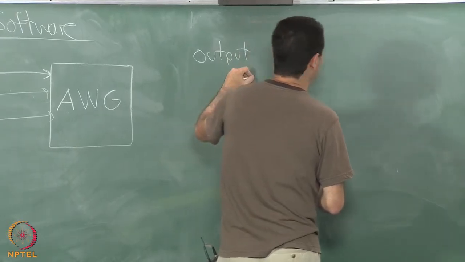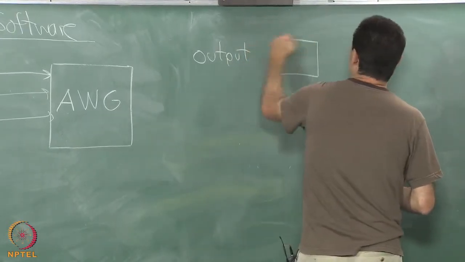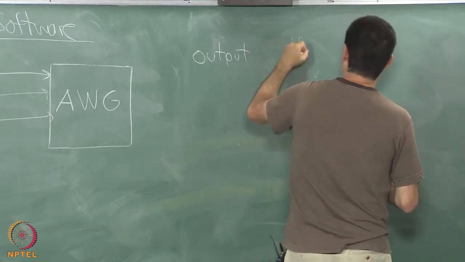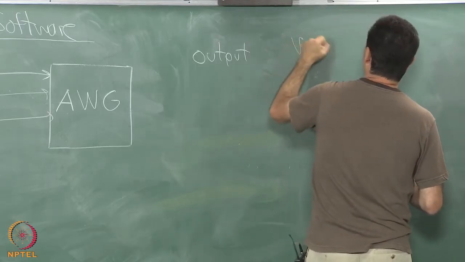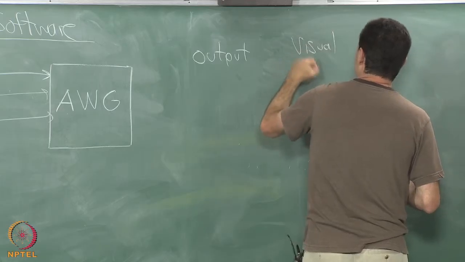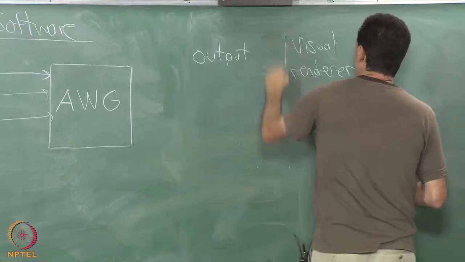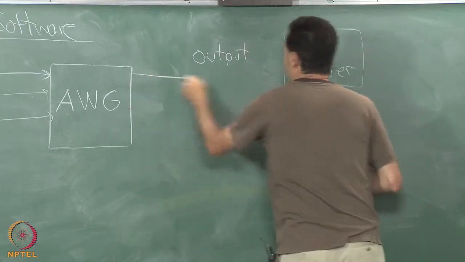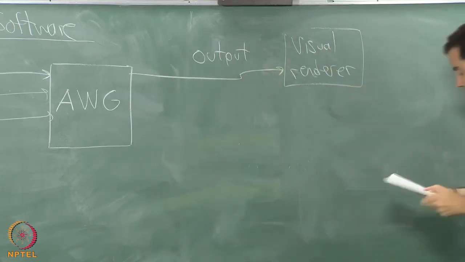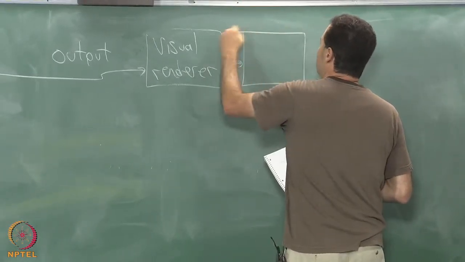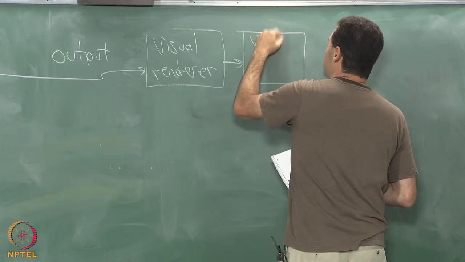So for output, there could be a visual renderer, and then eventually this goes out to a visual display, and we talked about different examples of that.